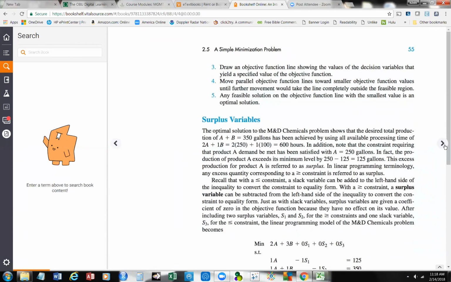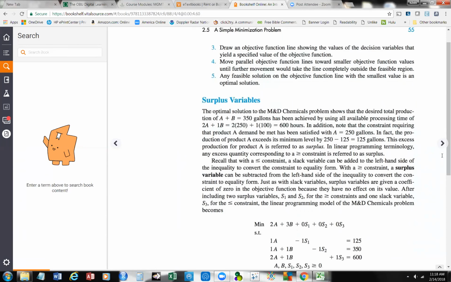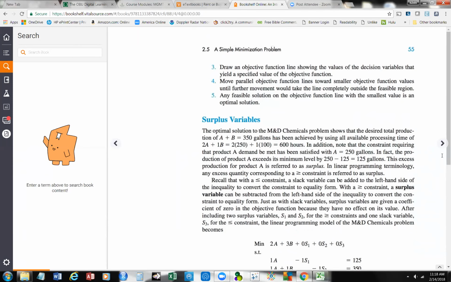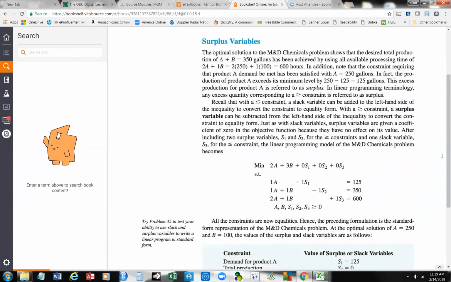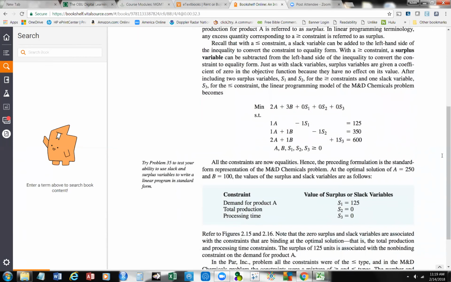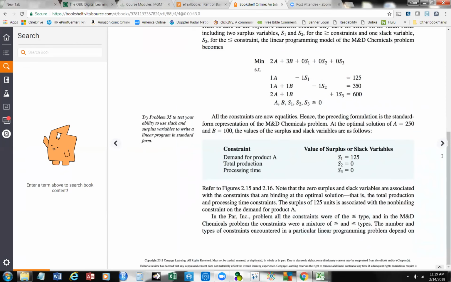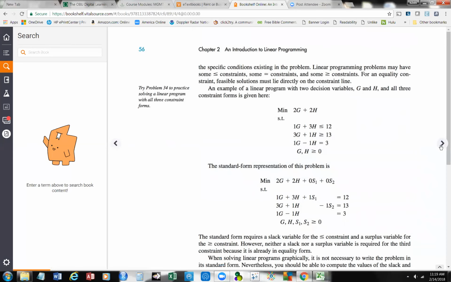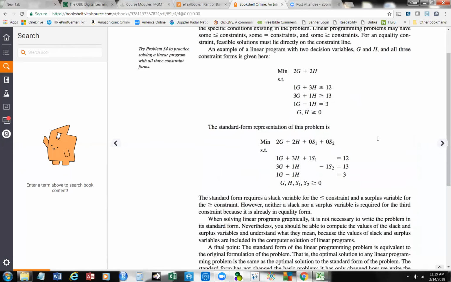And then we want to talk about the issue of any surplus variables that may be in there. Here they give us the constraint. And are there any slack variables or surplus variables? You'll see that when you run Solver. And then they walk you through another practice problem.